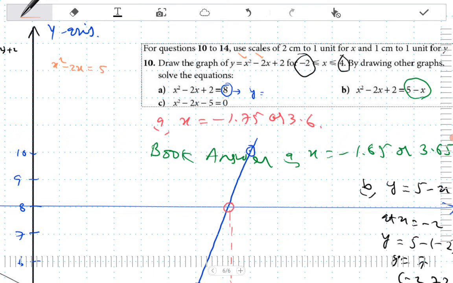Now what you need on the left hand side is plus 2, so just introduce plus 2 on both sides of the equation. Plus 2, 5 plus 2. So it's simply x square minus 2x plus 2 equals 7.